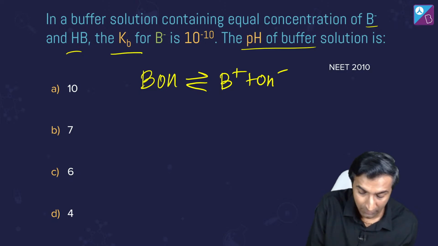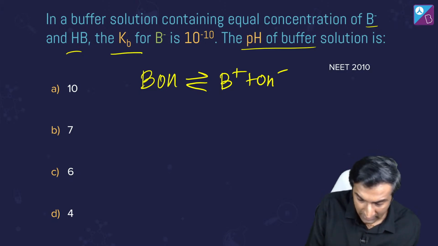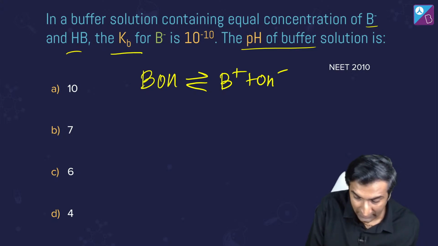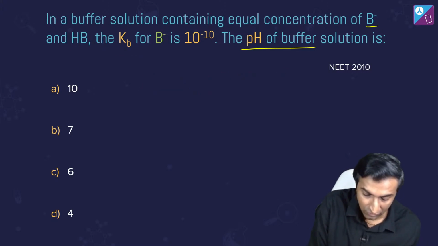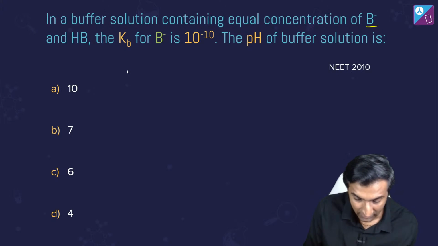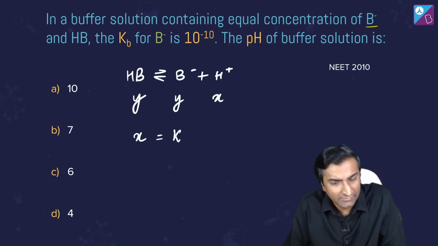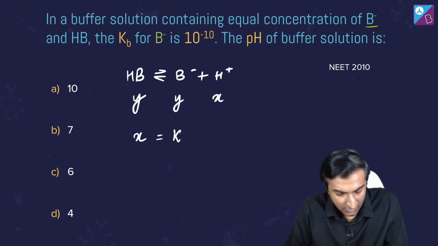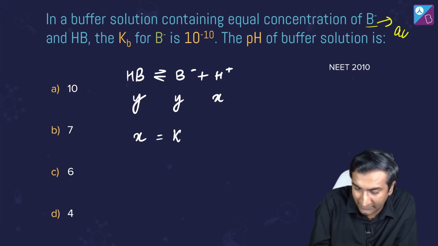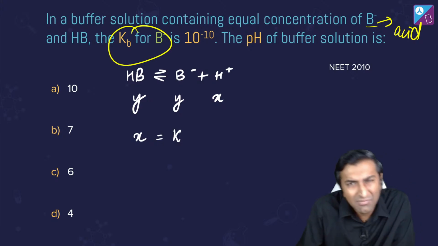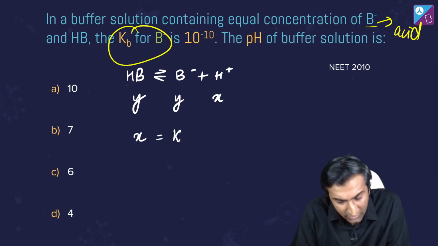If you do it this way, B plus and BOH वाला way, then इसका क्या होगा? What do we have? Equal concentrations of B minus and HB. अच्छा, अरे नहीं, BOH नहीं है, ये तो गलत हमने लिखा. What was written was correct. But how do you do this formula in this case, guys? In this case ये तो HB लग रहा है कि ये तो एसिड है, मुझे लग रहा था बेस था, बट इज एसिड. बट Kb दिया है B माइनस का, अब क्या करोगे यार?